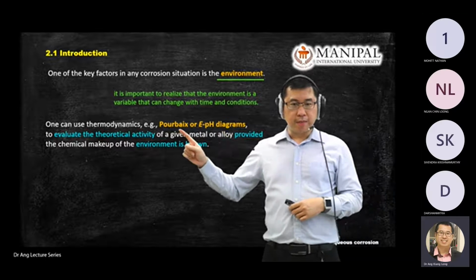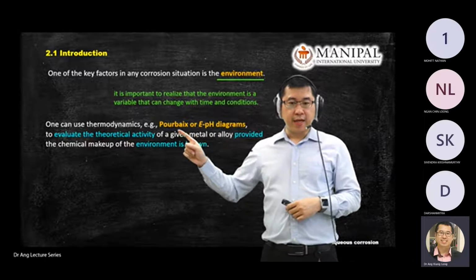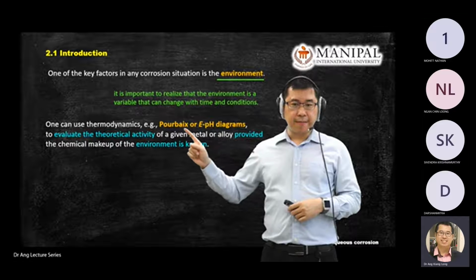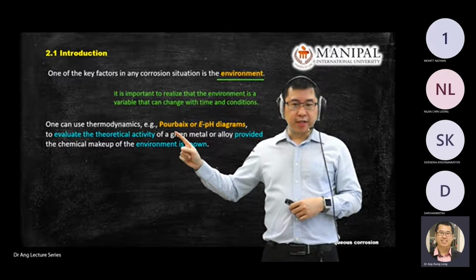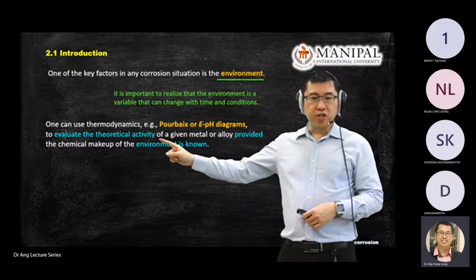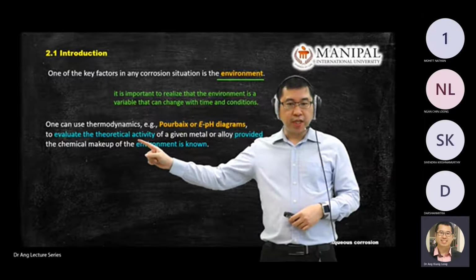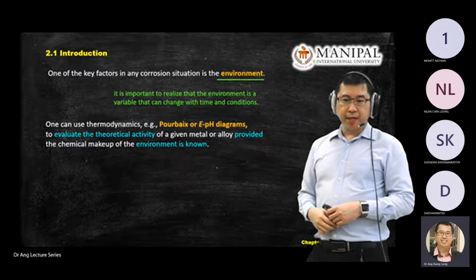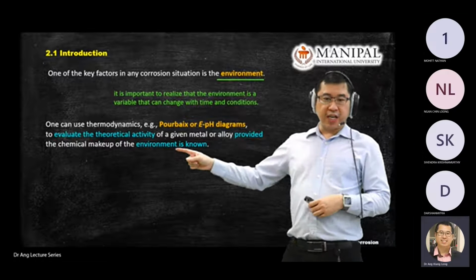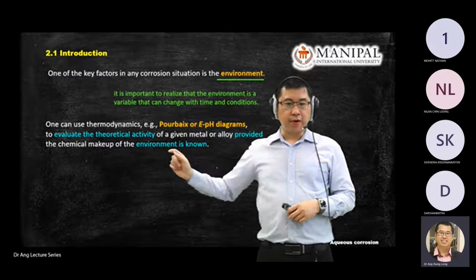So later I'll show you one sample of a pH diagram. Or if you look online, if you need more detail about the pH diagram, another keyword you can search is the Pourbaix diagram. Again, this diagram is for theoretical activity. All right, and this is a reference value when you want to calculate something.